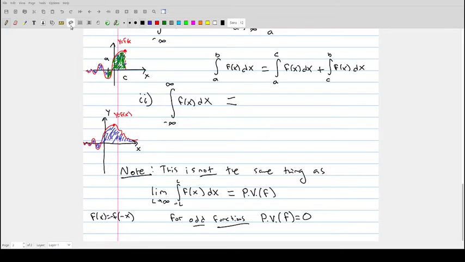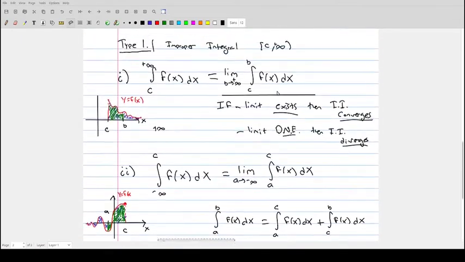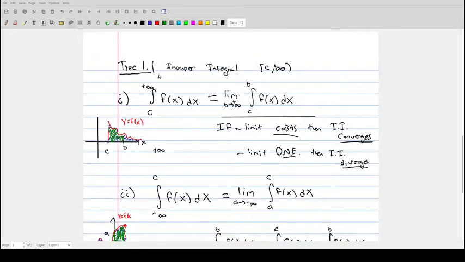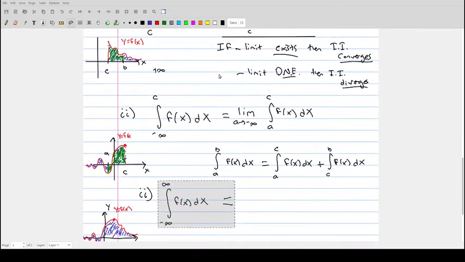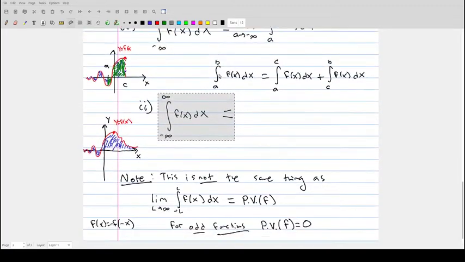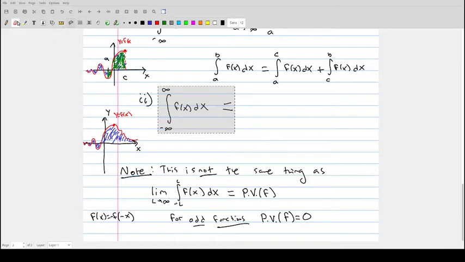So we use this additivity property and we say that the improper integral from negative infinity to infinity is actually of type 3. It's a type 1 improper integral, and it's the third subtype of type 1. I should change this right here to 3.